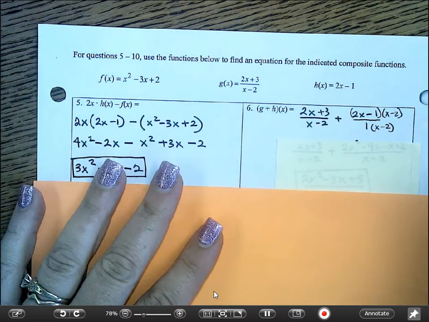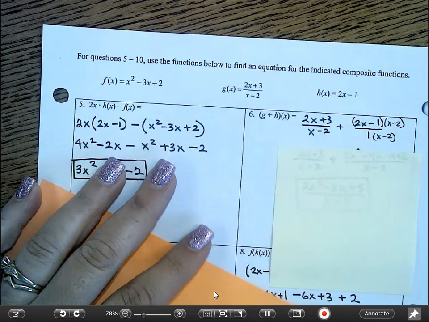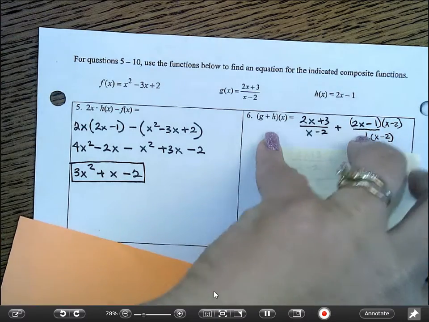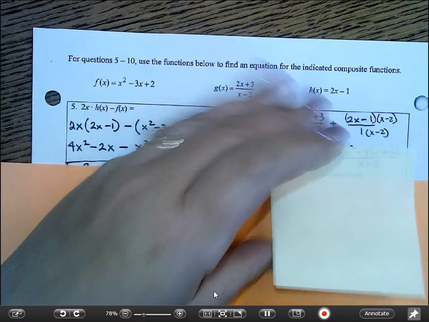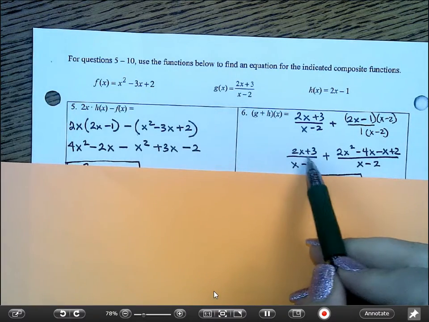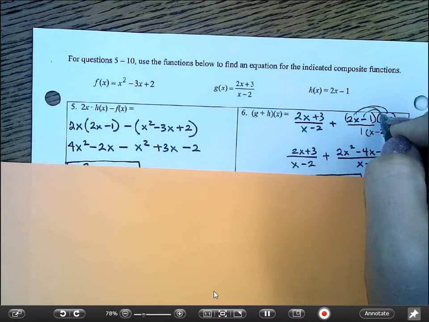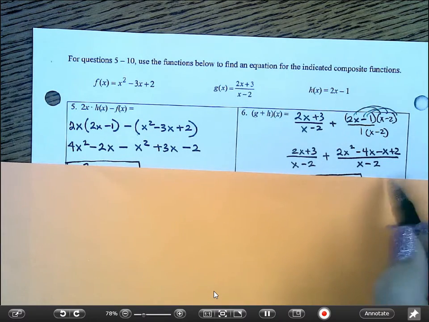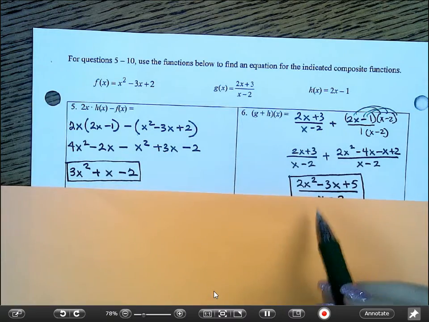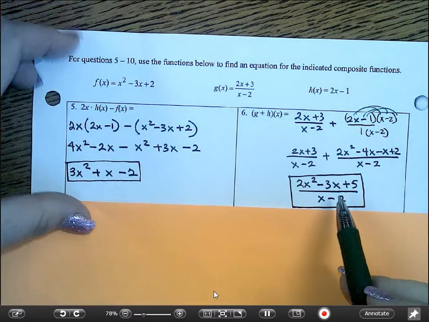So when I simplify the algebra for that component, I get 2x plus 3 plus, again, I am distributing everything and combining as I go. And then this would be your final answer.